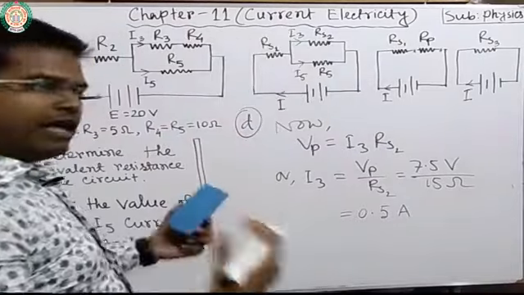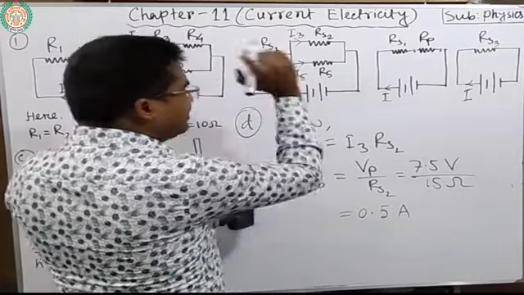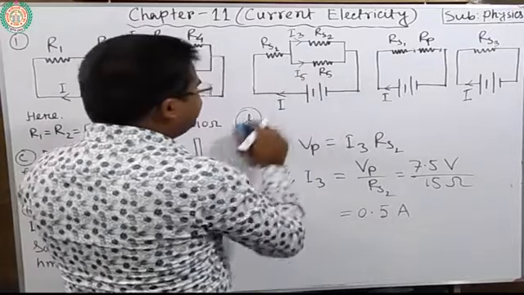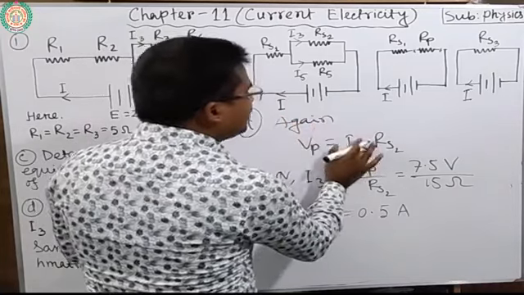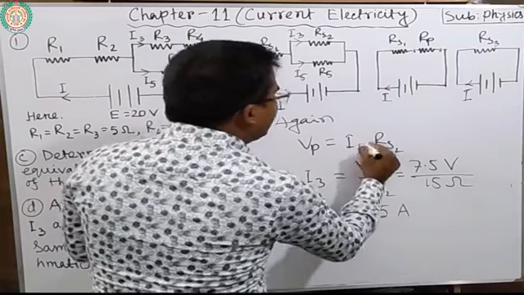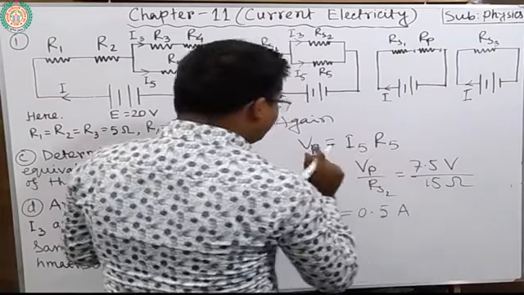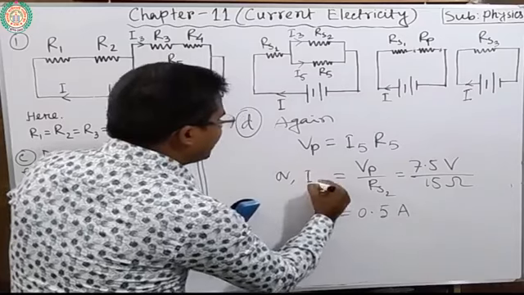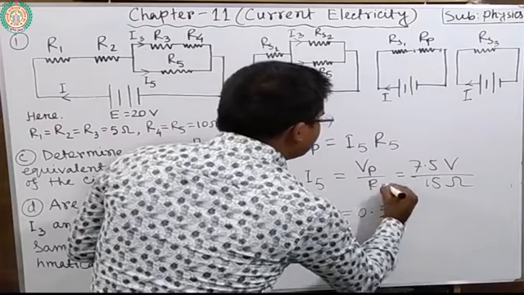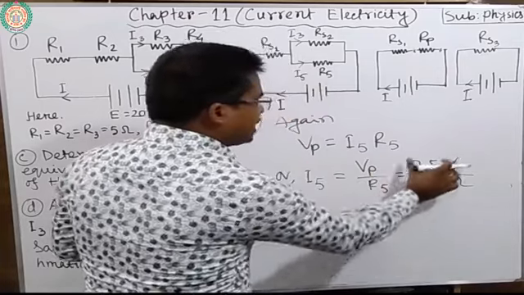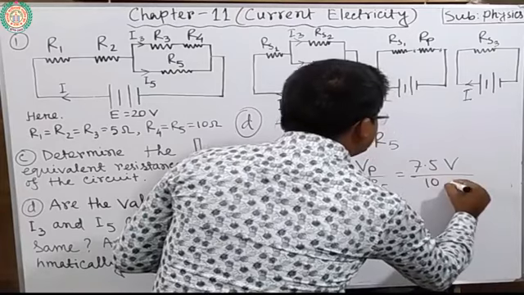So now again we can determine the value of I5. Again we can write Vp is equal to I5 into R5. So I5 will be Vp divided by R5, and the value of Vp is 7.5 and the value of R5 will be 10 ohm.